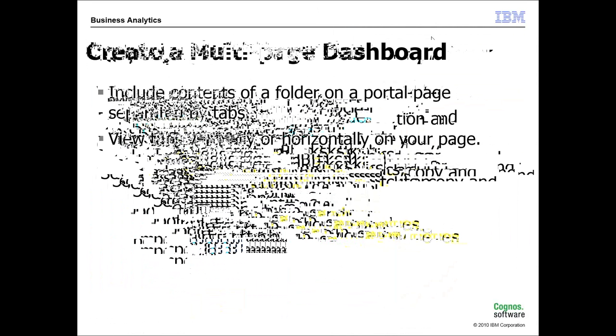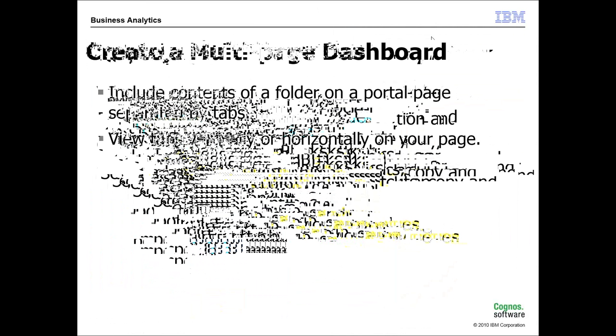Another way of looking at dashboards is by looking at out-of-the-box widgets that come shipped with IBM Cognos Connection, such as the navigator, the search, or the IBM viewer. Remember, if you're going to run a report, the report's going to show up in the IBM Cognos viewer. Or you could have an RSS viewer, to have your weather network or the regular news feeds show up within your RSS viewer. So this is just another way of having a dynamic dashboard.